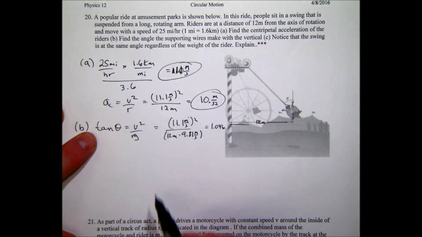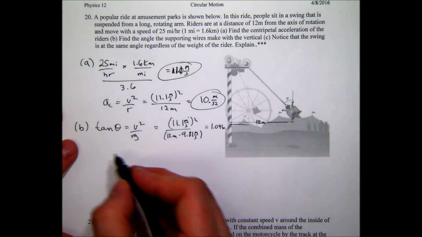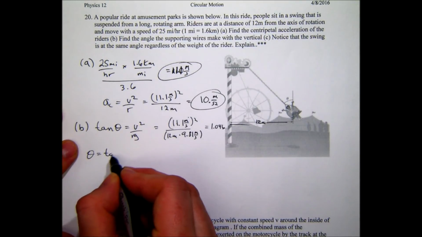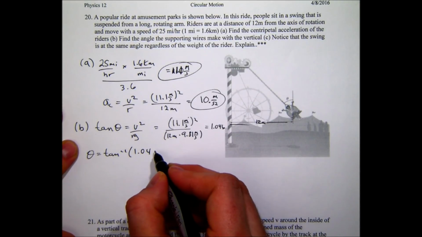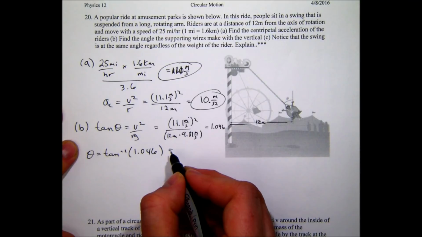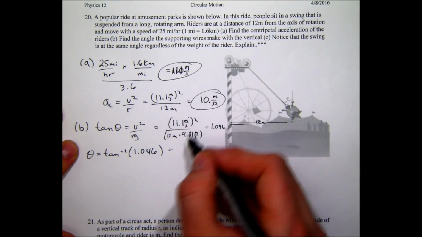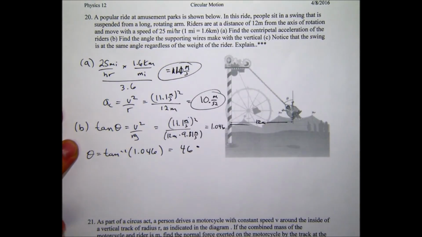So the tangent of this angle is 1.046. Theta is equal to the angle whose tangent is 1.046. That's equal to 46 degrees.